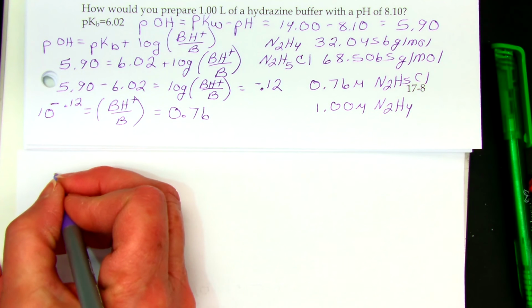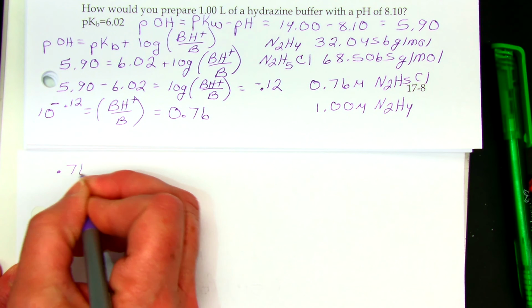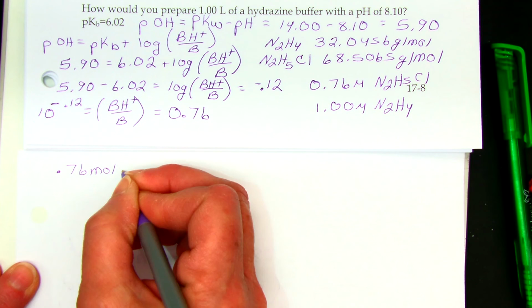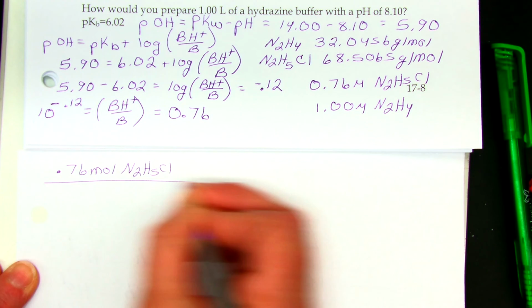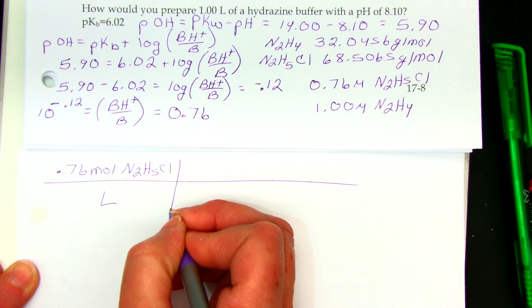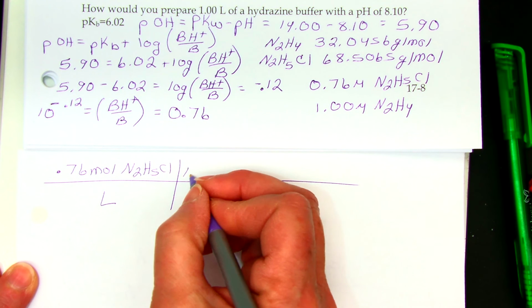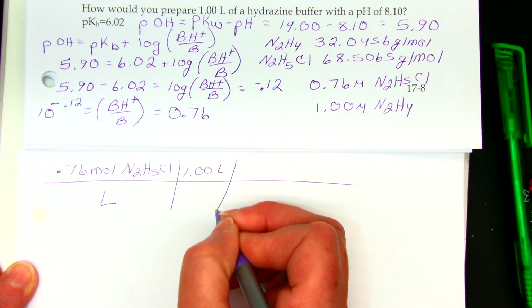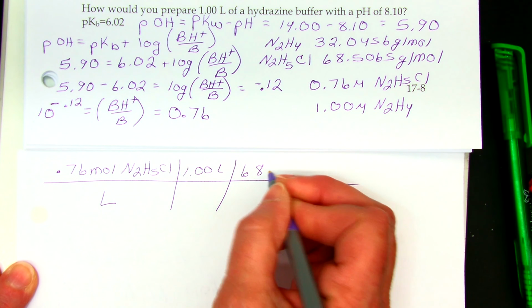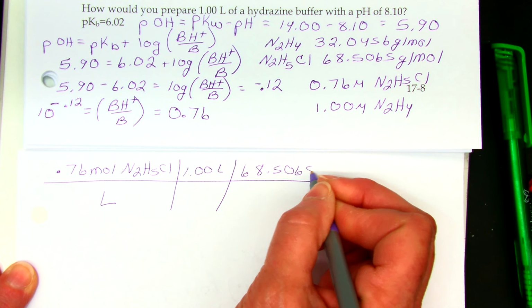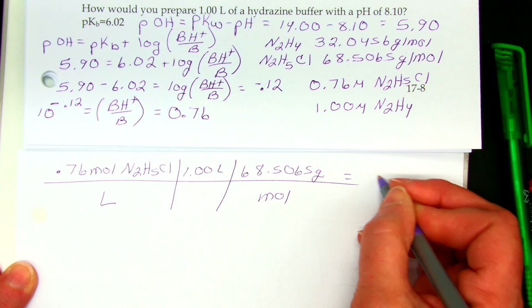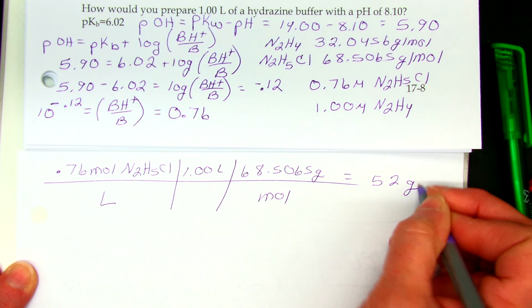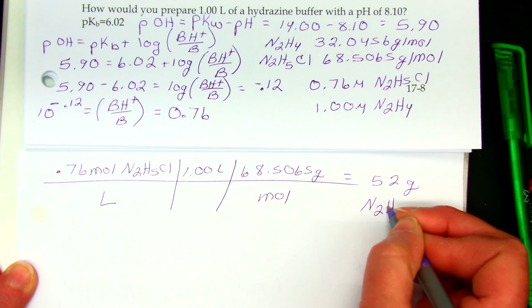So now I do my calculations. 0.76 moles of hydrazinium chloride per liter. I know that I want to make up 1 liter, and it is 68.5065 grams per mole. So I need 52 grams of hydrazinium chloride.